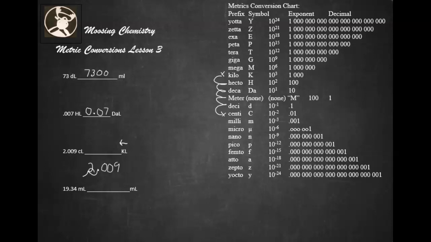1, 2, 3, 4, 5. And we're going to put zeros in there. So the new number is going to be 0.00002009.